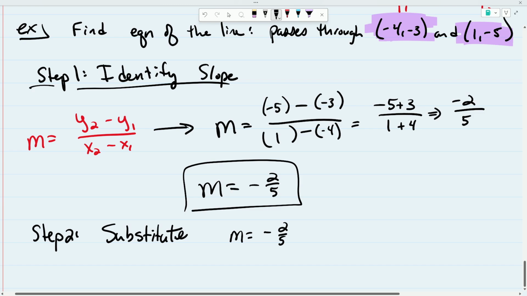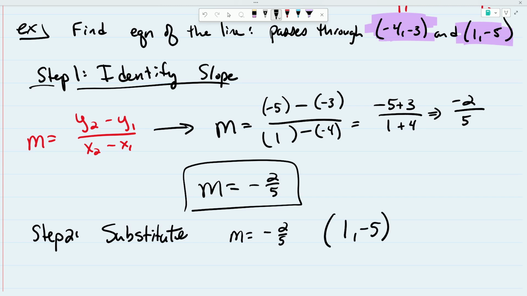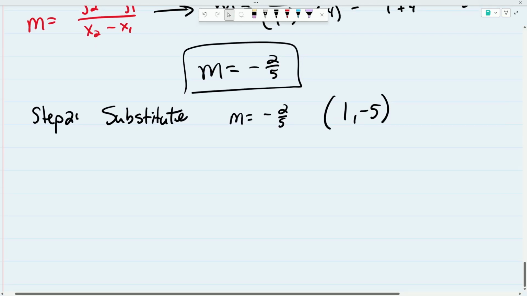And the best part is, since we know the line passes through either of these points, it does not matter which one you choose. The only thing that matters is that you pick a pair of numbers that works well for you. So in this case, I'm going to go ahead and just choose (1, -5). And the reason why? At least I have a positive number 1.